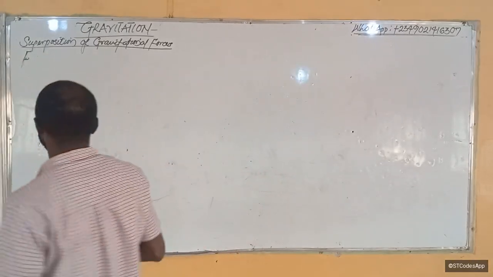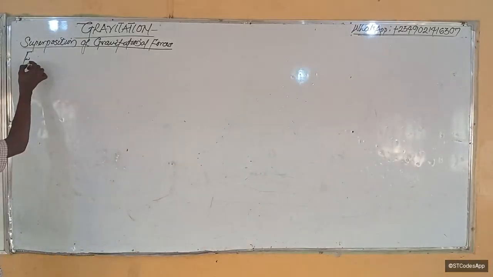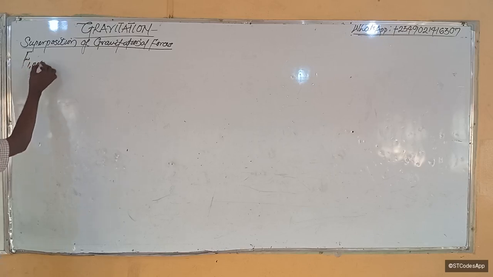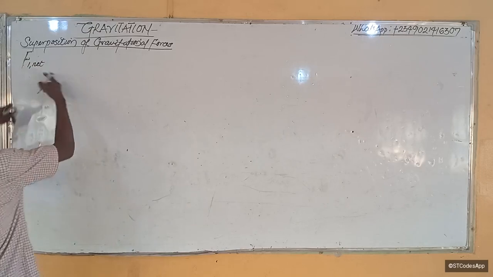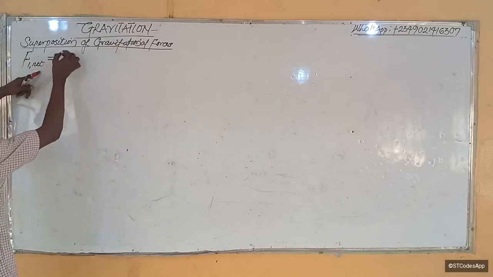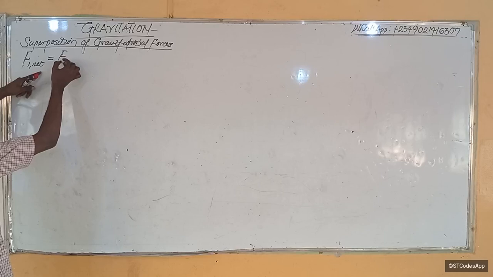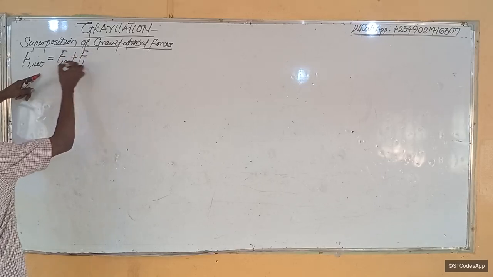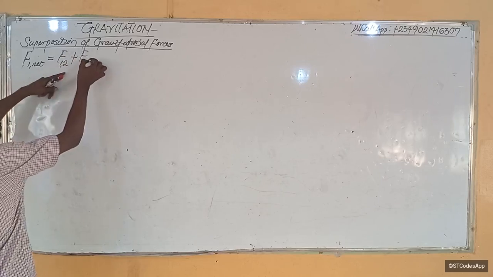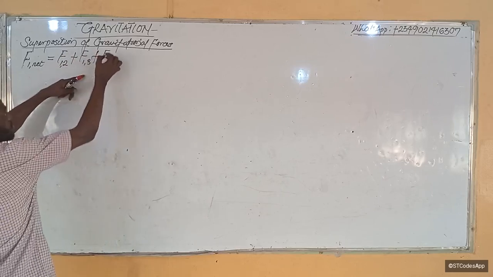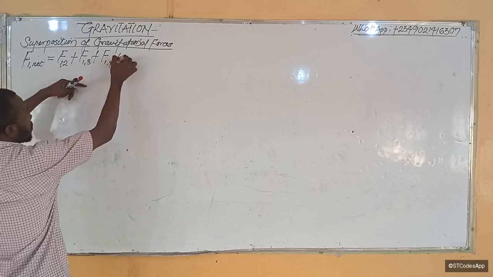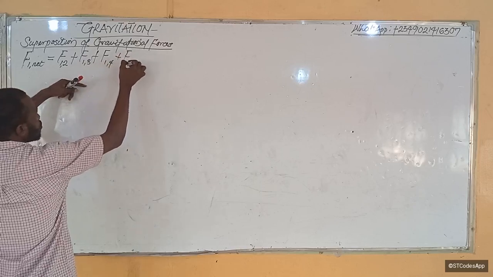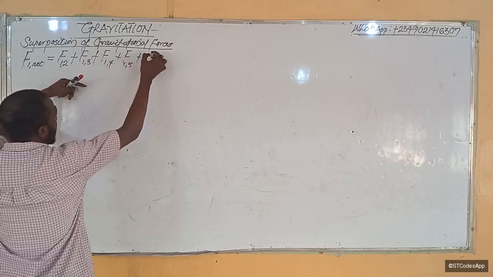This is what I'm saying contextually. I'm saying that the sum of forces on 1 due to all other masses, let's call it the net force, is going to be equal to the sum of the force on 1 due to 2, plus the force on 1 due to 3, plus the force on 1 due to 4, plus the force on 1 due to 5, up to any amount.